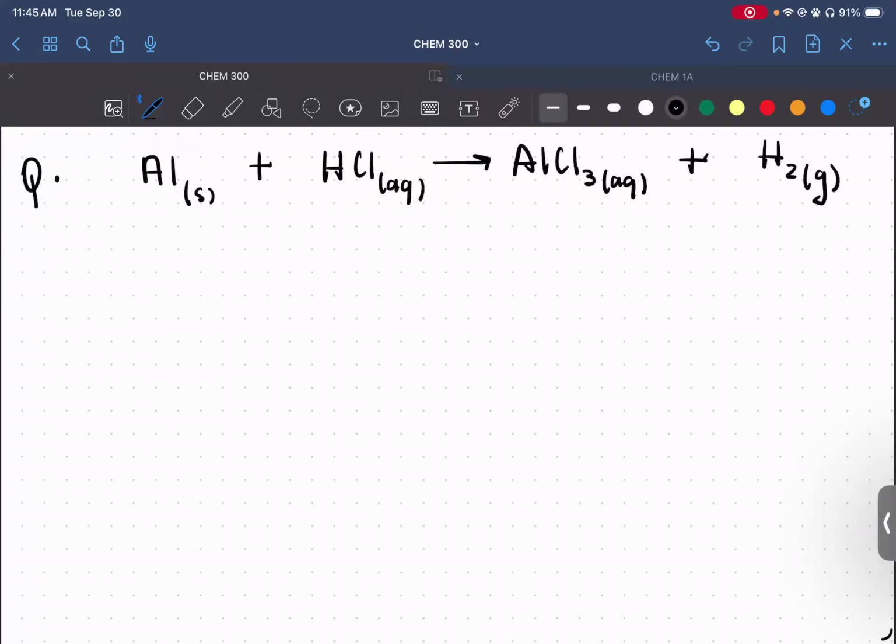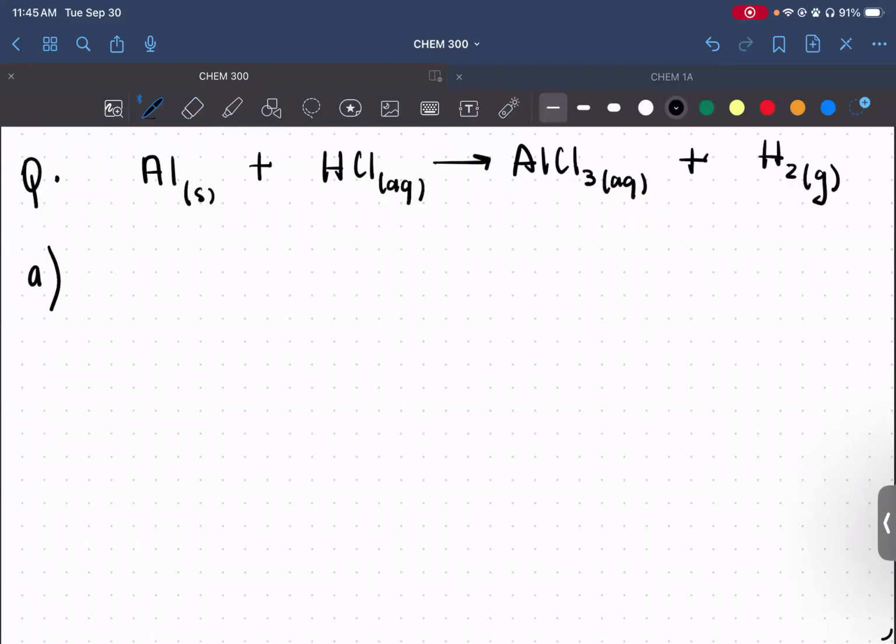Now, we had a lot of practice on reactions on Friday, so hopefully we're all able to look at this reaction in full and understand where every single bit comes from. You should understand why it's H2. You should understand why there is a 3 after the AlCl3. And of course, you should be able to understand where the states come from. It's not balanced as of yet. That's on purpose.